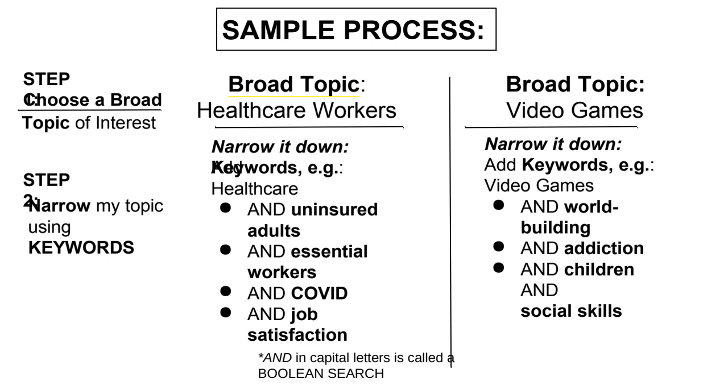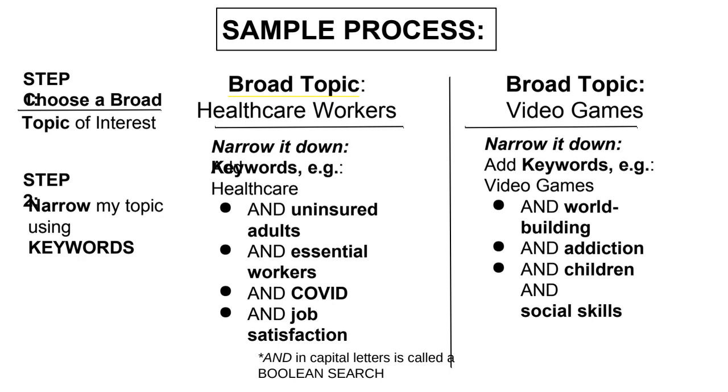And you can put about, I say, no more than about 4 keywords into the library databases or any search engine that you use. So what we did again, let's say for the next one with video games, we want to narrow down some of our keywords: video games and world building, video games and addiction, video games and children, video games and social skills.